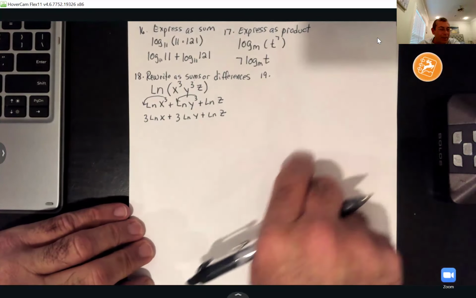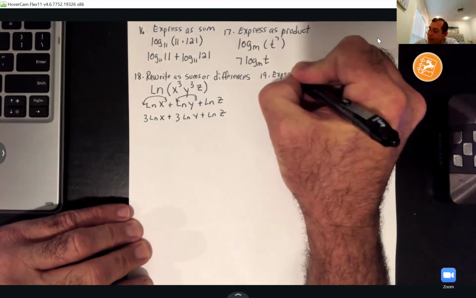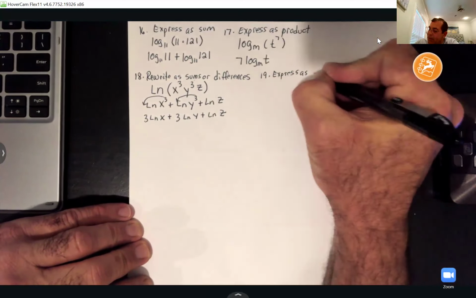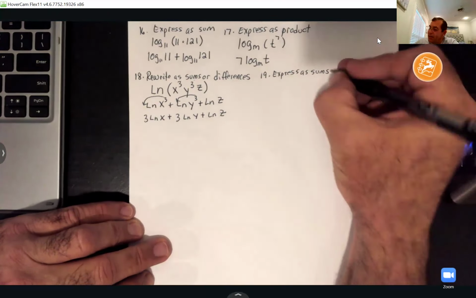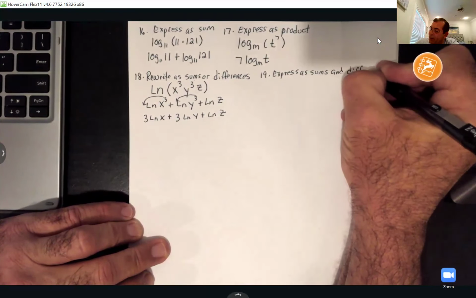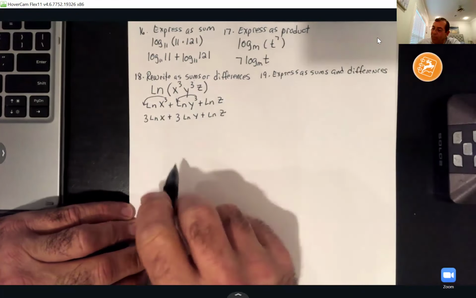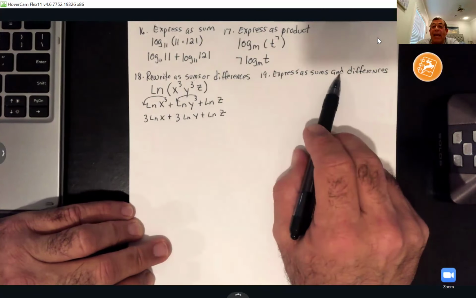Well, all right, y'all, let's see. Number 19. This one says express as sums and differences. So up here, the or meant either or. It was going to be one or the other. This got an and in it.